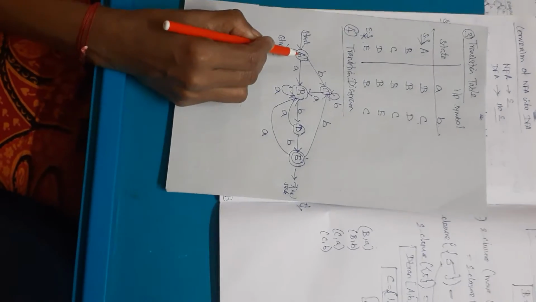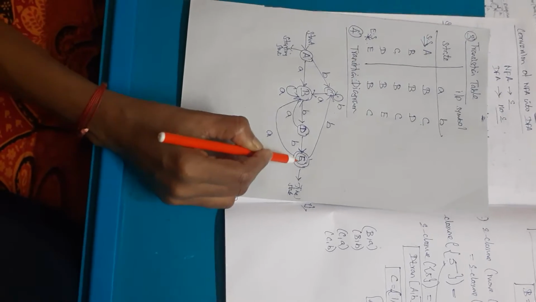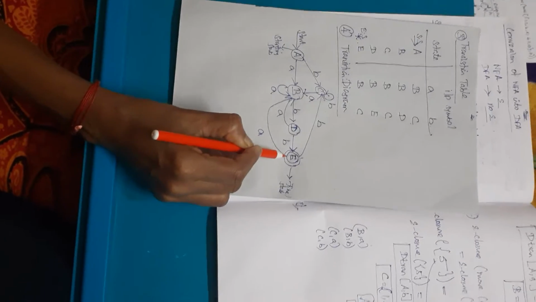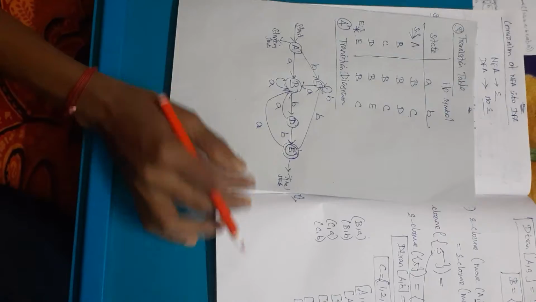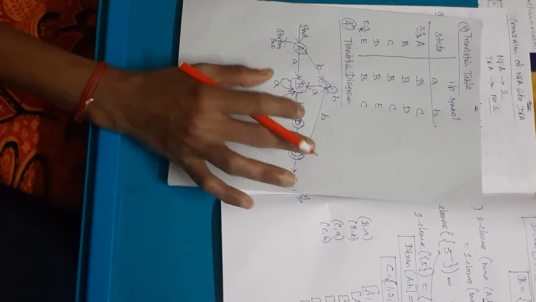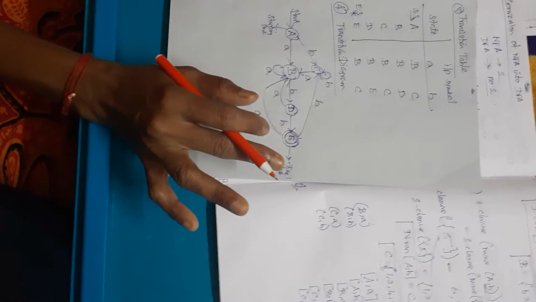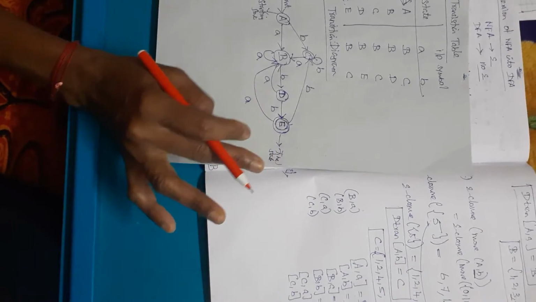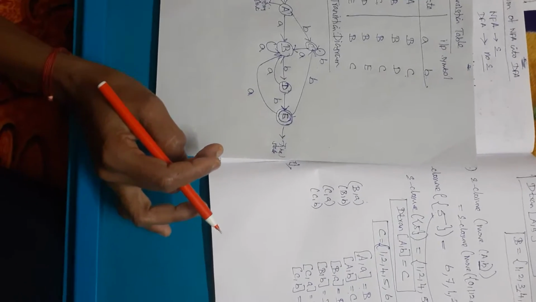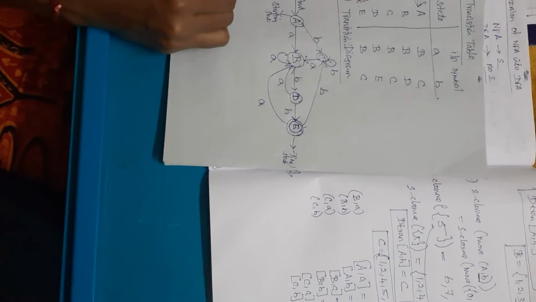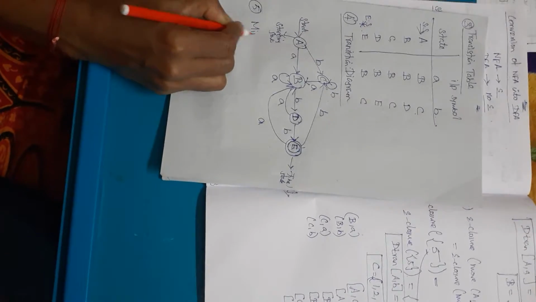This is for the starting state, this is for the ending states. The ending states will be indicated by the double circle. It's clear? These are the 4 steps. Then you can move to the next step. The next step is minimization of DFA.